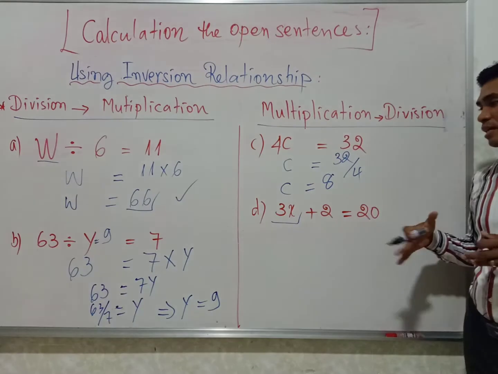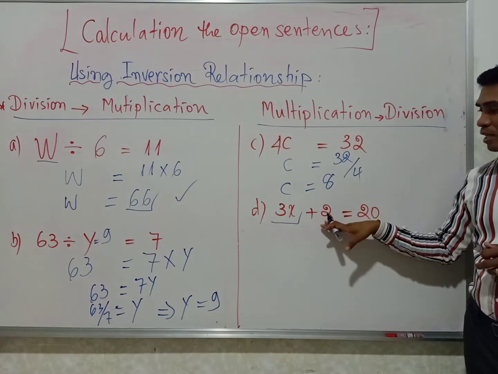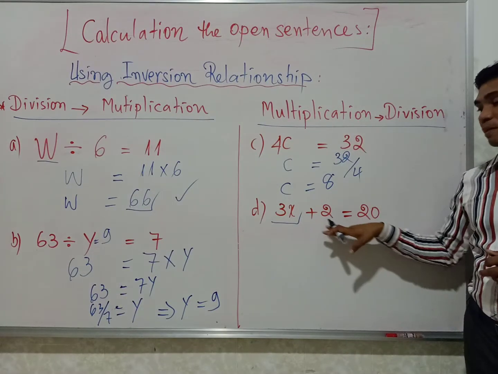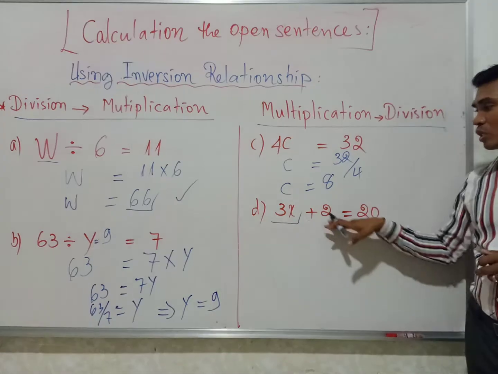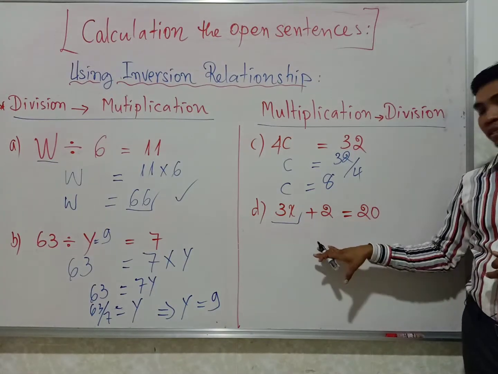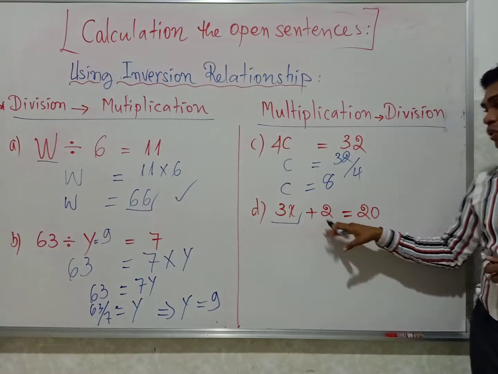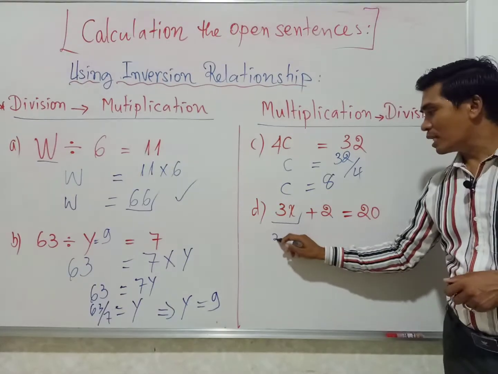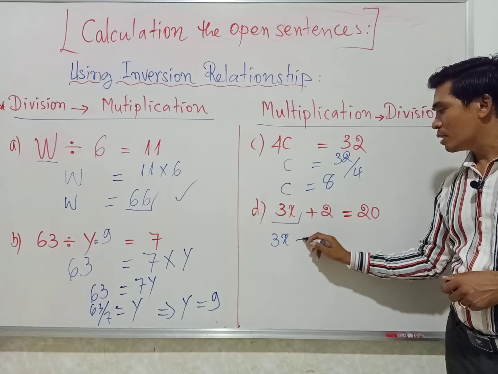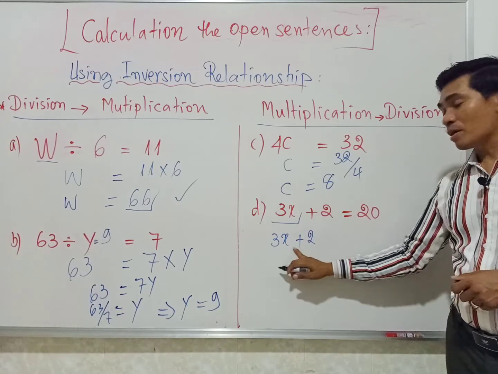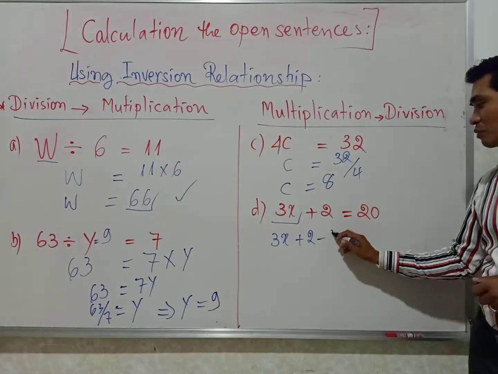The missing part is 3x, and here we have positive 2. To calculate it, we have to use the inverse, negative 2. So we have 3x plus positive 2 and negative 2.